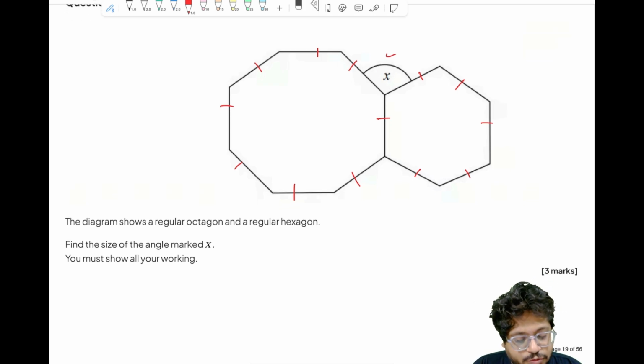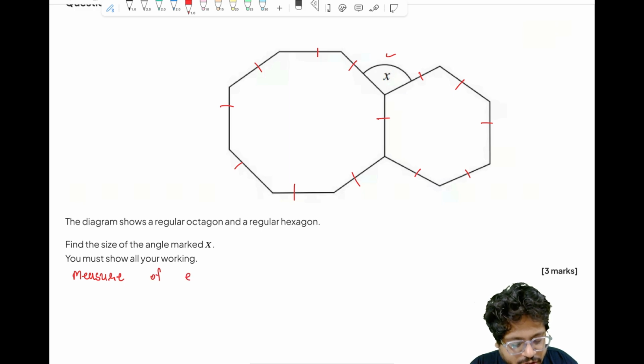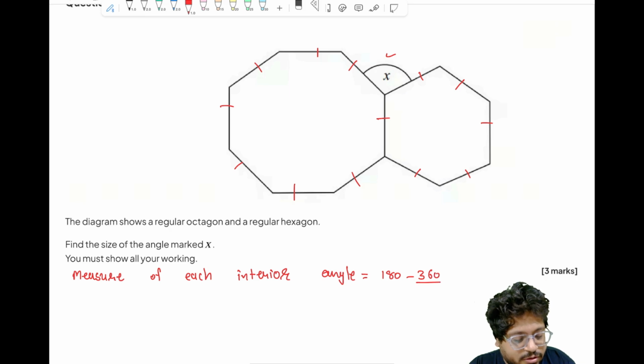Now let's use that interior angle property: measure of each interior angle in a regular polygon is what? 180 minus 360 by n. Okay, so let's call this y, and this, let's call this z.